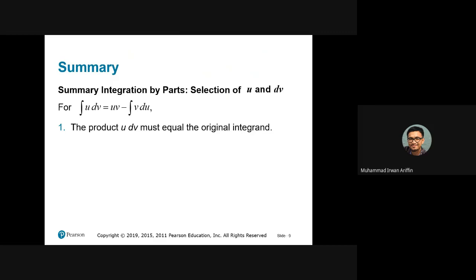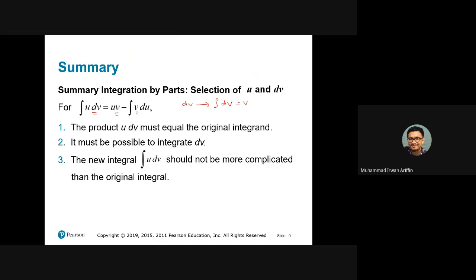First of all, you need to redefine the product u dv by replacing the original terms in the original function with this term u and dv. And then it must be possible to integrate dv, because from dv you need to integrate in order to get v, because later on we need to have v here and here.